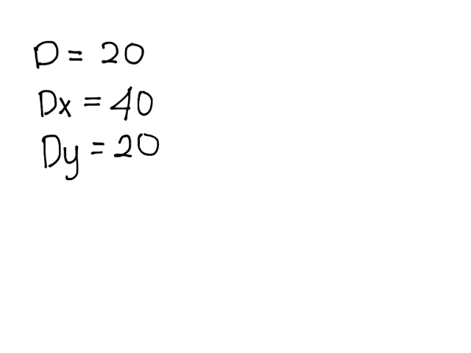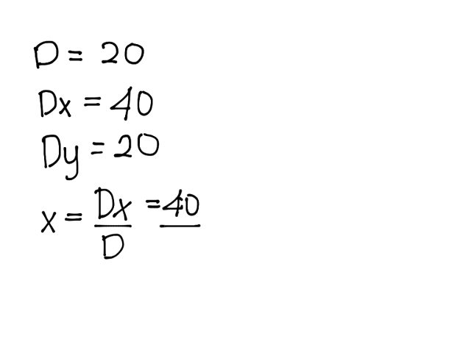Now we can calculate the values of x and y. The x value, given the formula, is dx over D, where dx is 40 and D is 20. So 40 over 20, we come up with 2.